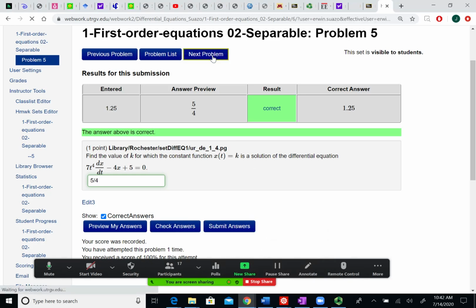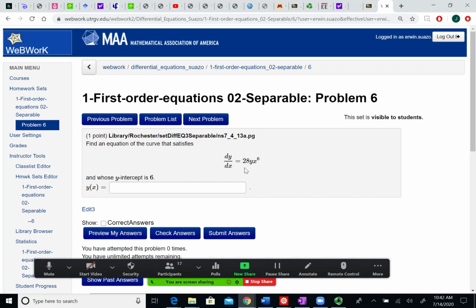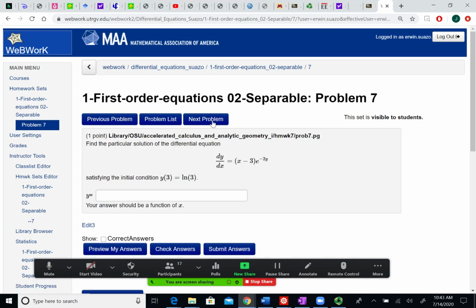Okay, so let's go, what else do we have here. This is similar to the ones we have been doing. The y-intercept is 6. So you need to know that at x equals 0, y is 6. That's all you need to do, and plug in.